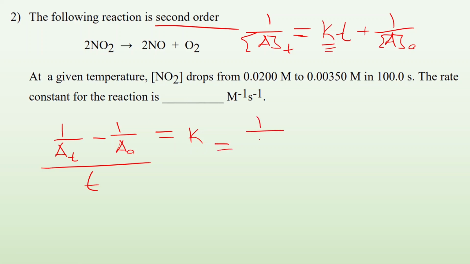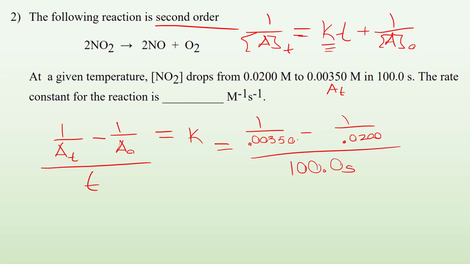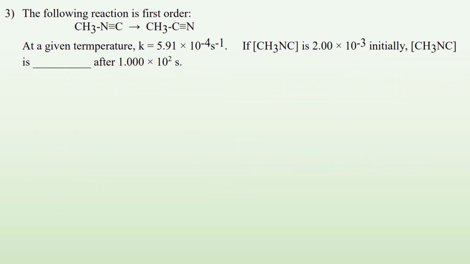I have 1 over the amount at some time, which is 0.00350, so 1 divided by 0.00350 minus 1 over the starting amount, which is 0.0200, all divided by 100 seconds. When I pick up my calculator, I end up with 2.36 per molar per second. And there you go.